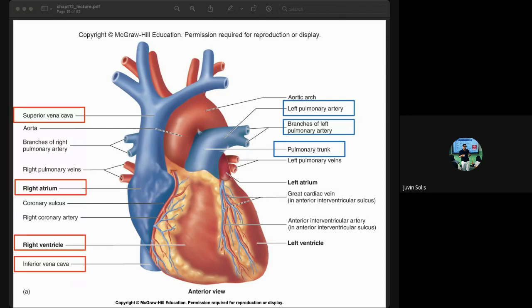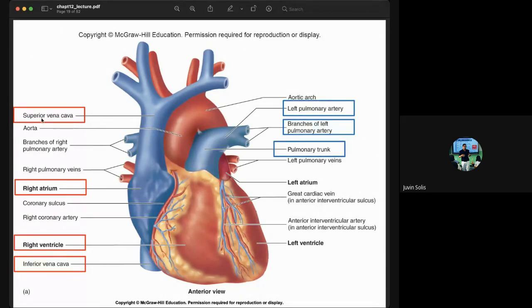Meron tayong tinatawag here na right atrium natin, it receives the blood from three places: the superior and inferior vena cava at saka yung sa ating coronary sinus. Okay, remember napag-usapan natin yung positioning of the body or anatomical position.